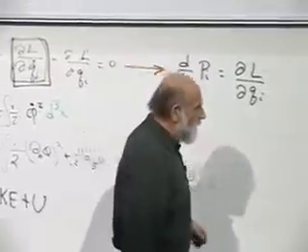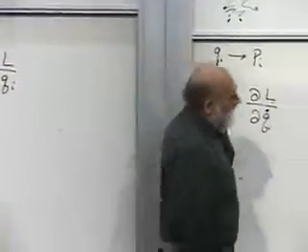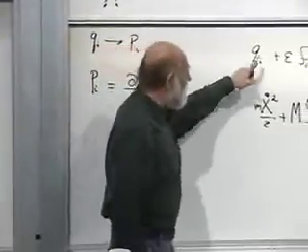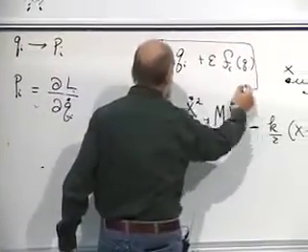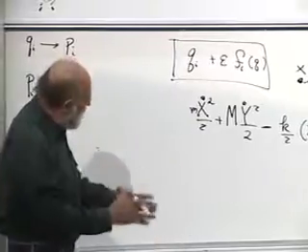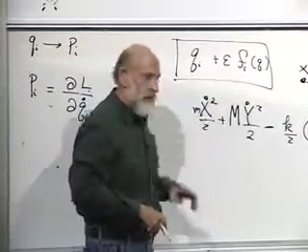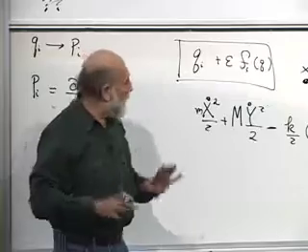Okay, let's prove a theorem. Let's prove a theorem that if there is a symmetry, in other words, if when you do this operation, when you take each q and shift it by an amount epsilon f sub i, assume the Lagrangian doesn't change.